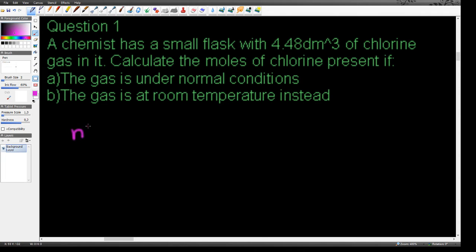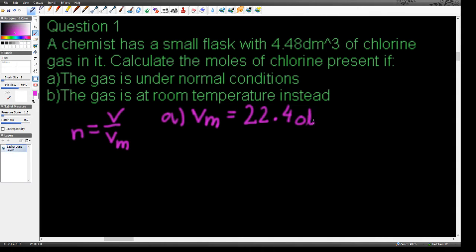n is equal to, so the number of moles is equal to the volume V divided by the molar volume Vm, okay? And we know that for part A, Vm can be assumed to be 22.4 decimeters cubed per mole.